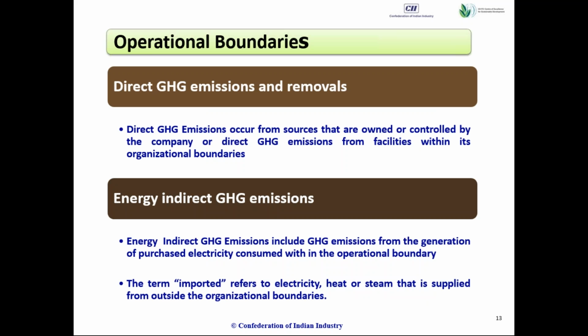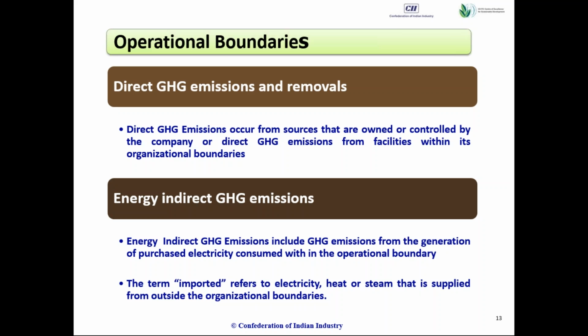So once the organization boundary is set, that means in the first step, we have selected which organizations we would be reporting and which approach we would be using, either control or the equity. Now the next step is to go into further details. Further details means we select our operational boundaries.